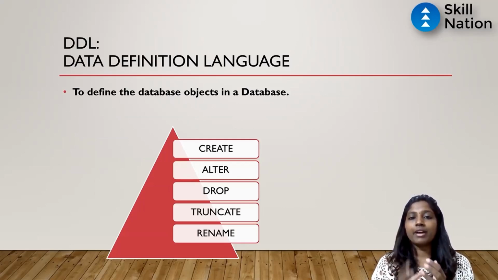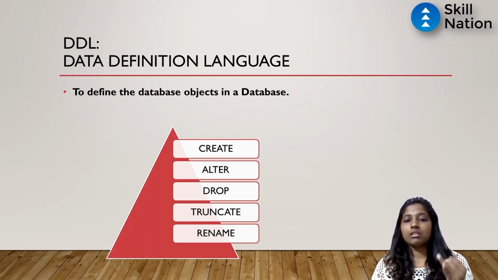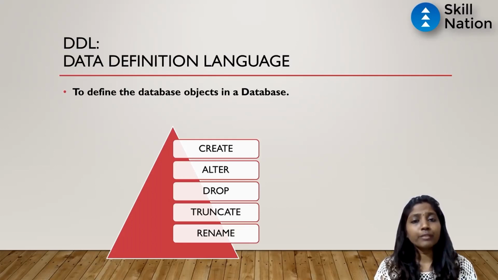If you want to define any object inside a database, then you use data definition language. The statements are create, alter, drop, truncate, and rename. Going forward, we'll go into detail on the syntax of these statements.